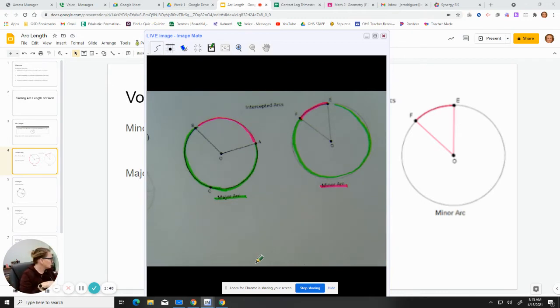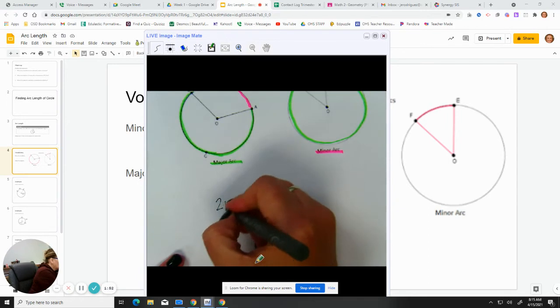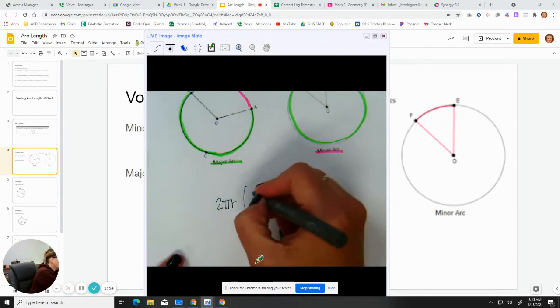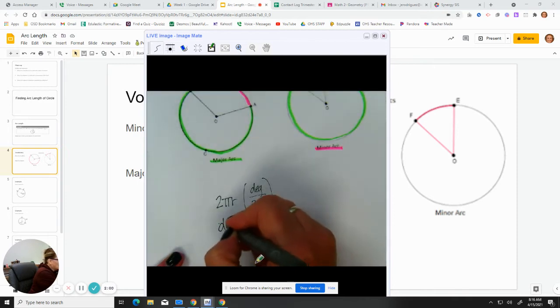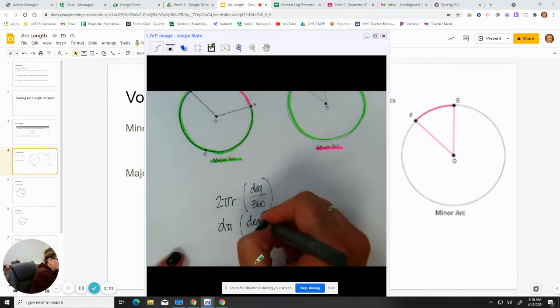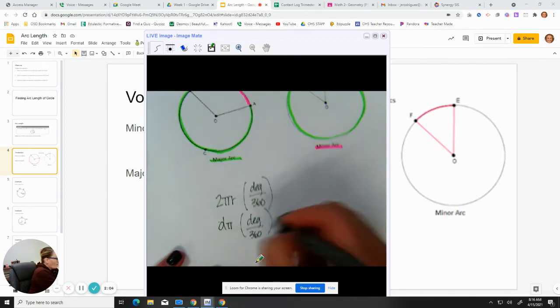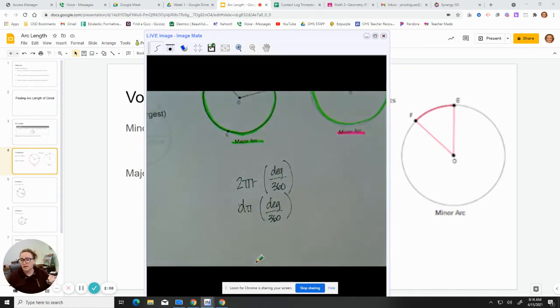And then we also want to focus on the fact that our formula is either 2 pi r times the degree over 360, or diameter times pi times degree over 360. Obviously, yesterday we talked about in circumference that we would either use the radius formula if we had a radius or the diameter formula if we had the diameter.